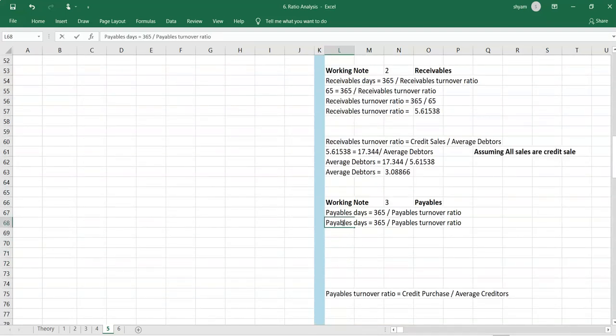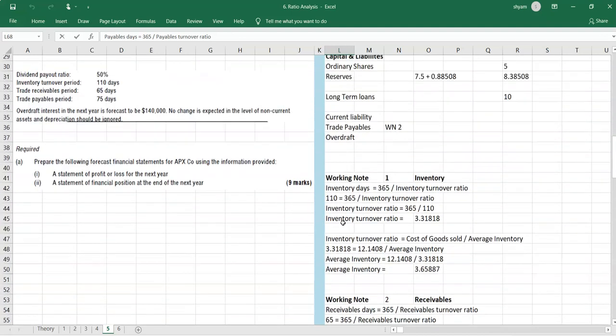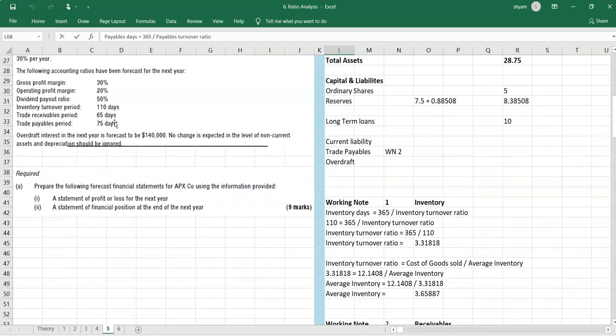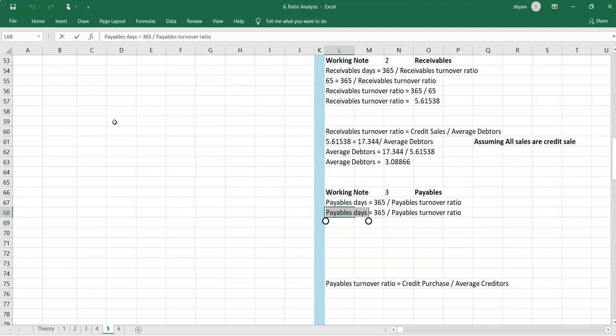So he has given us the payable days. So the payable days is 75. We can take that as a number.